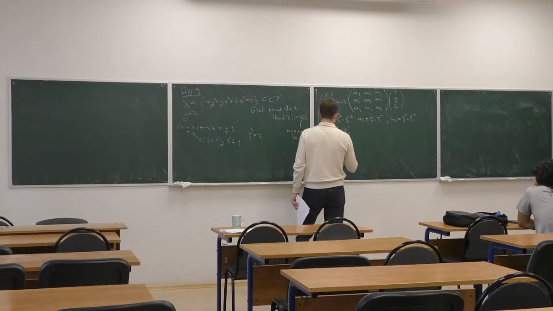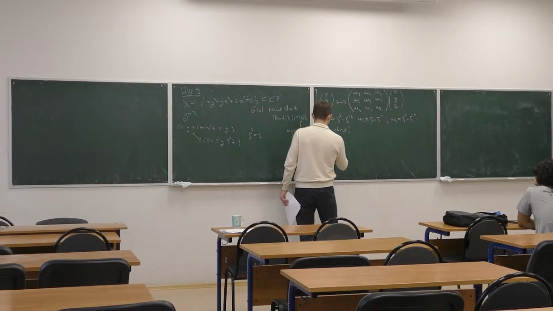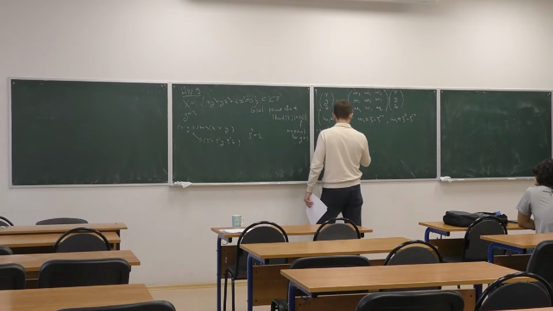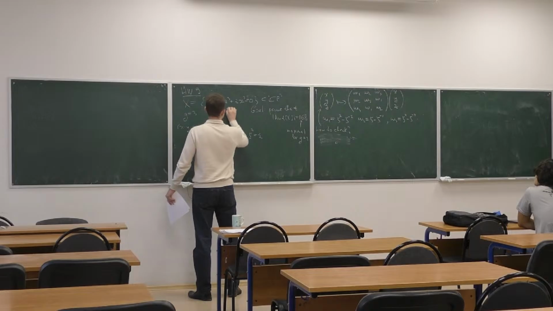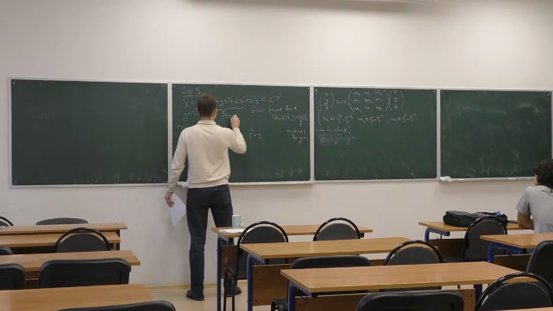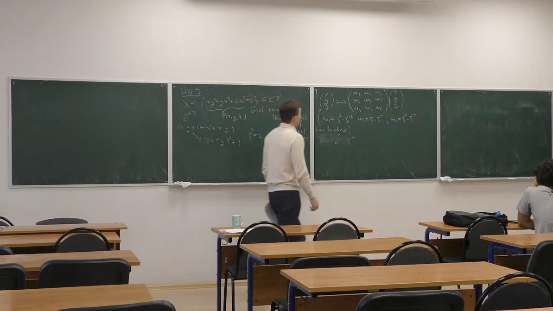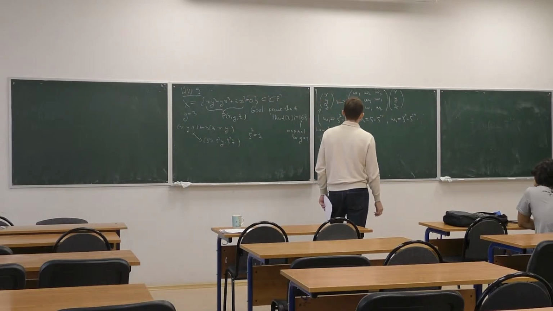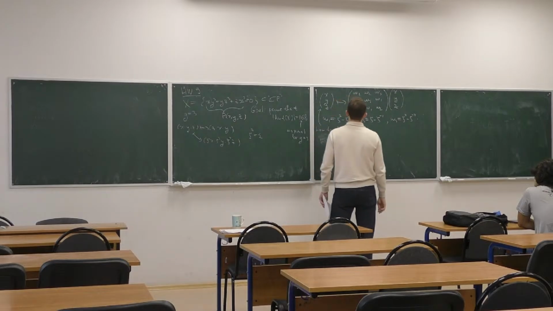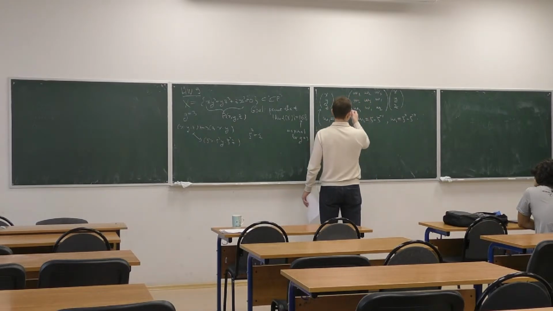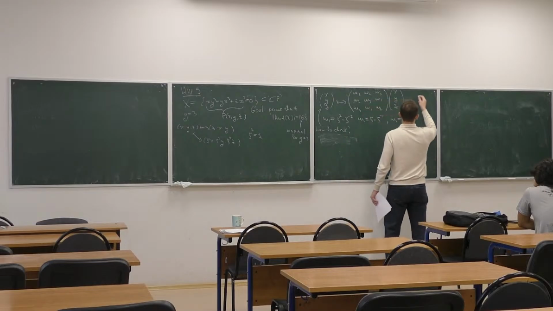So let us denote by p(x, y, z) this polynomial, and this transformation let us denote by sigma(x, y, z).